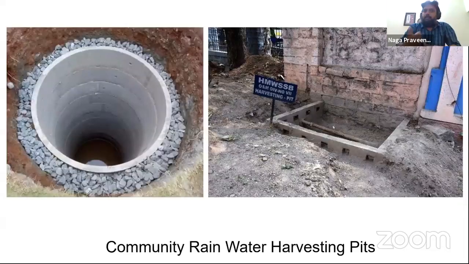And coming up with rainwater harvesting pits at the community level as well. There's so much rainwater which goes unattended in your streets or roads. So having a harvesting pit in the community itself is a big task.